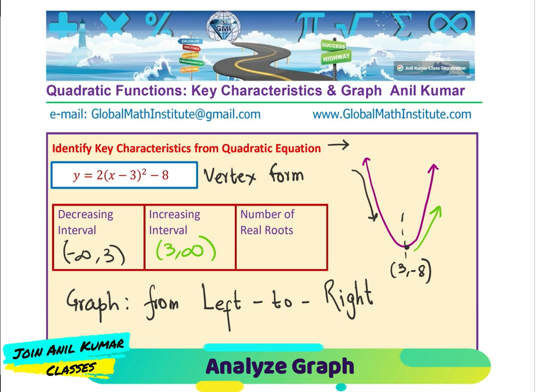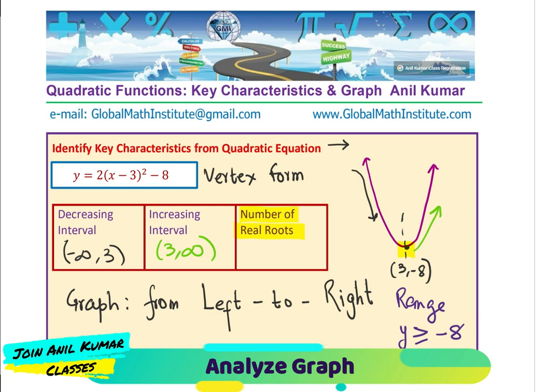Now the key question, which is one of the most difficult questions to answer, is the number of roots. I have really not sketched the graph, did I? No. It's a very rough sketch which has given me the vertex. But there is one thing very clear about it, and that is the range is greater than or equal to minus 8, right? So we know that the range is y values greater than or equal to minus 8.